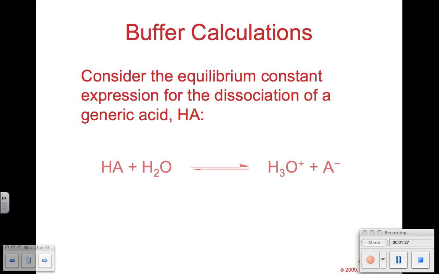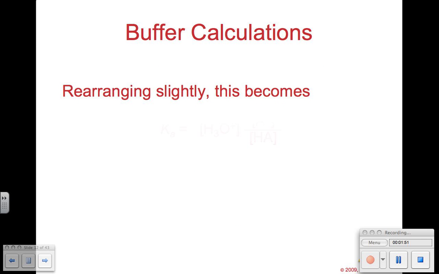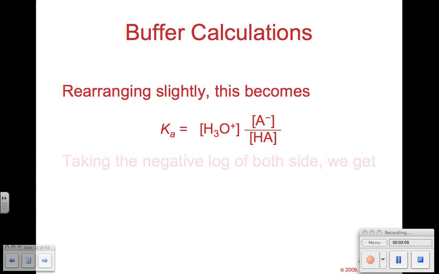Now, when we go to calculate or understand what we're getting, you have your weak acid, so you're going to have your Ka for your generic weak acid situation. If we rearrange this equation, we get Ka equals the concentration of H3O plus times the concentration of the conjugate base A minus, over the concentration of the acid HA.